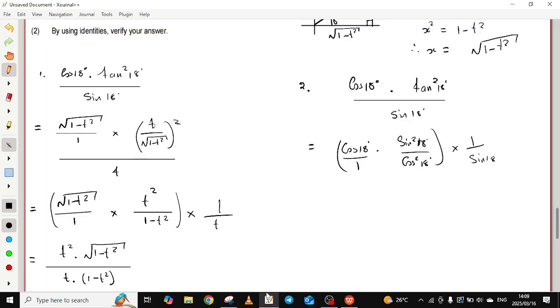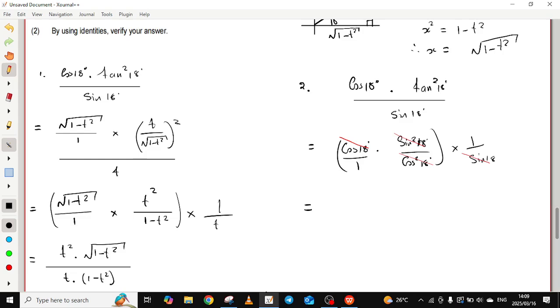What's going to happen now is very marvelous, because you see 1 cos 18 will now divide with 1 cos 18 here, and 1 sine 18 from here will divide with this 1 sine 18 here. So this means we'll now be left with, what's left? Cos 18 gone, so this is just 1.